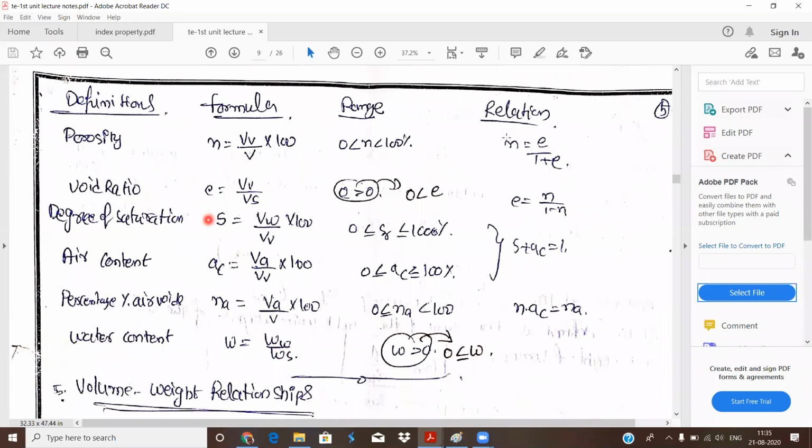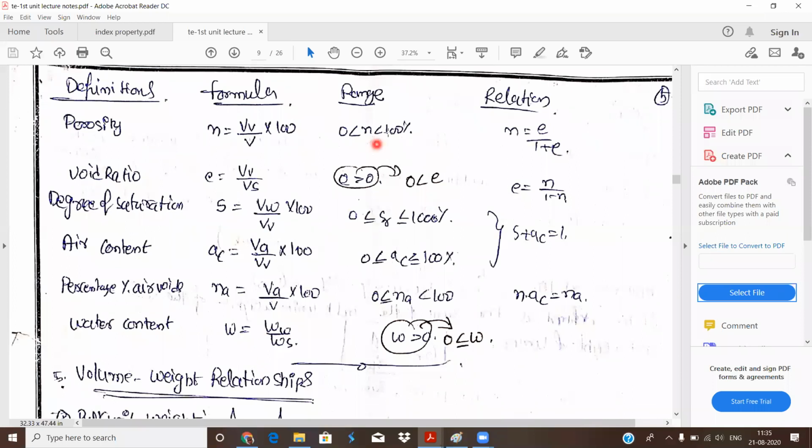So there are no units for all these types of parameters, only decimals or numbers. Void ratio is represented as decimals, and the remaining parameters are expressed as percentages, but when we substitute in problems, we can convert them into decimals.